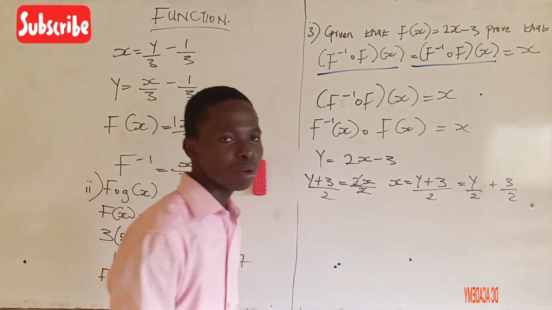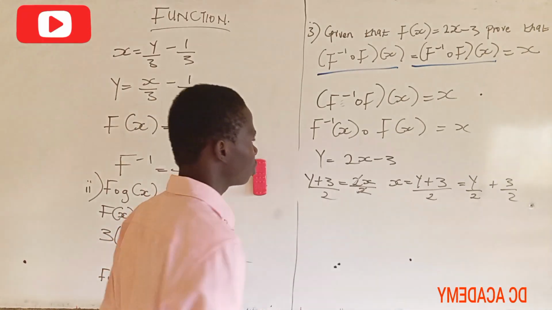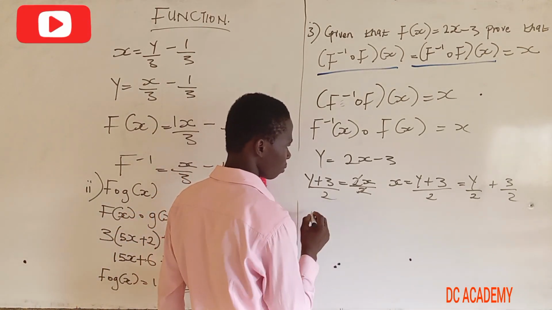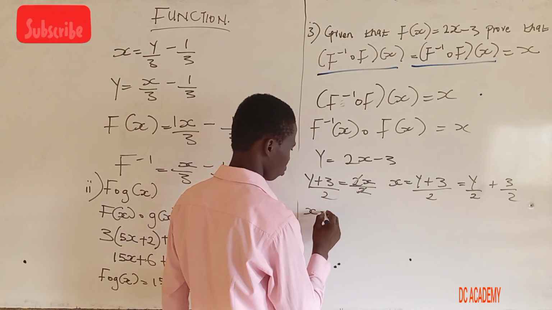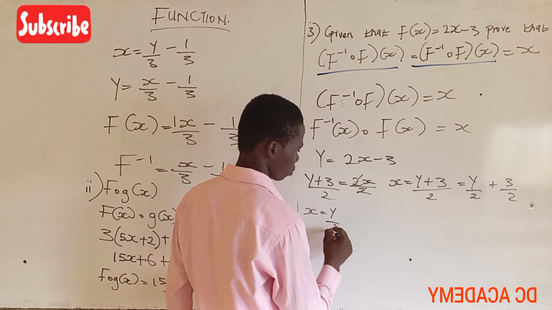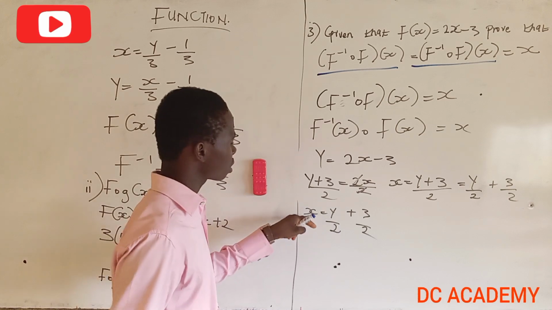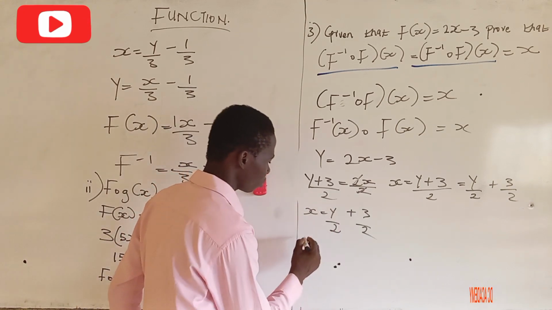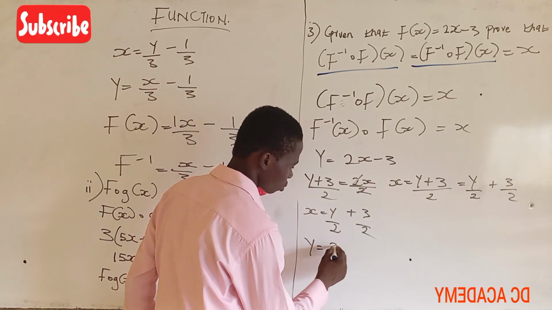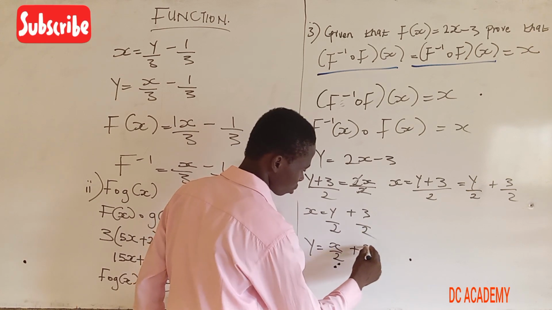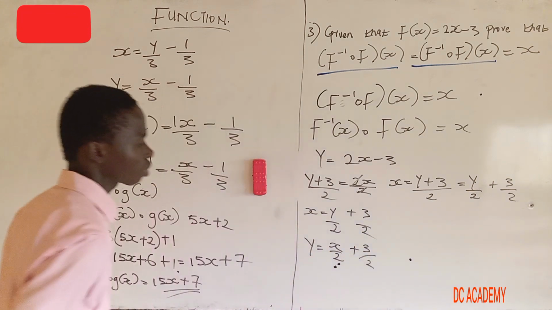So having this, all you have to do is interchange. You have x is equal to y over 2 plus 3 over 2. Upon interchanging, y equals x over 2 plus 3 over 2.